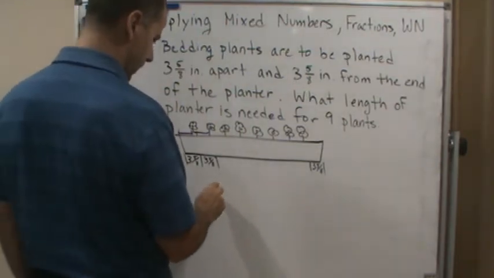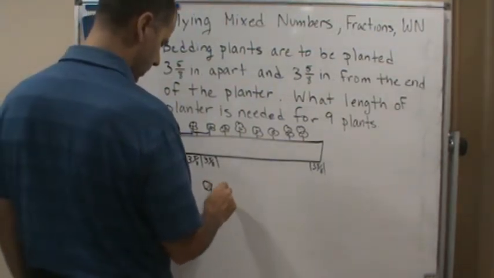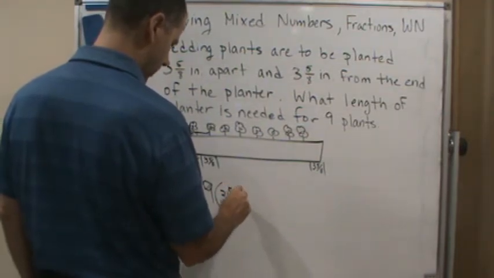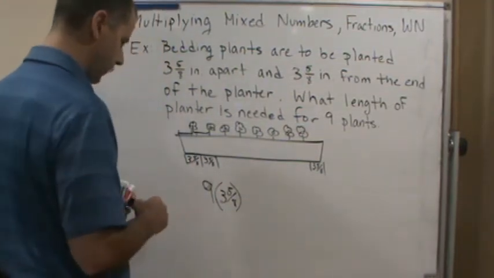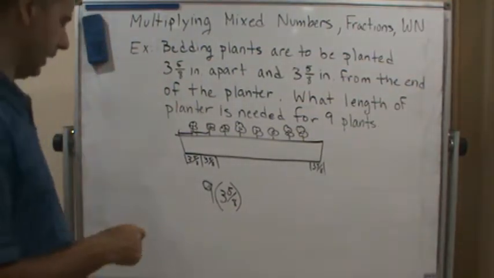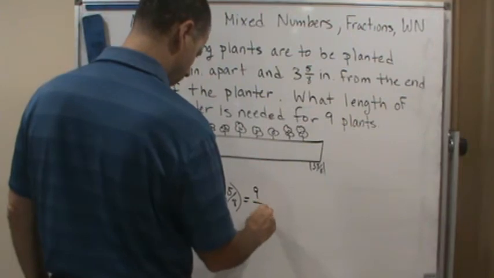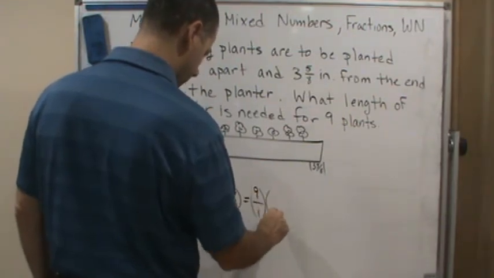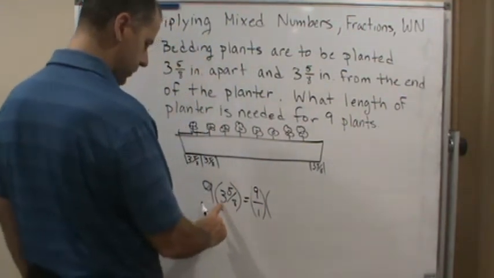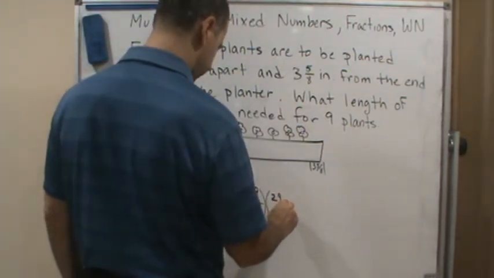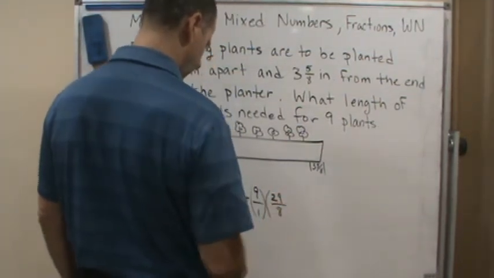So this is going to be 9 times 3 5/8. We're going to change both of these to improper fractions. So this is going to be 9 over 1 times 8 times 3 is 24, plus 5 is 29, over 8.